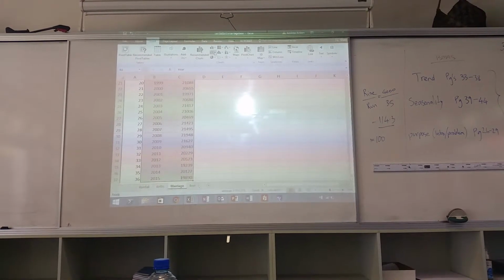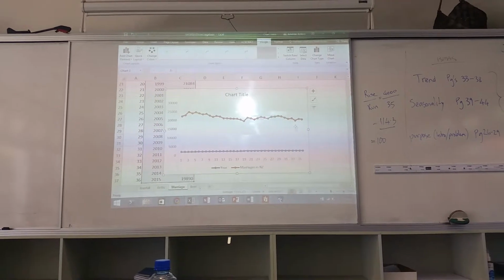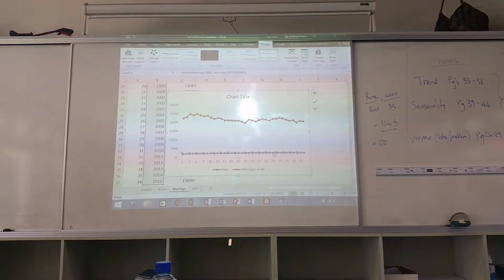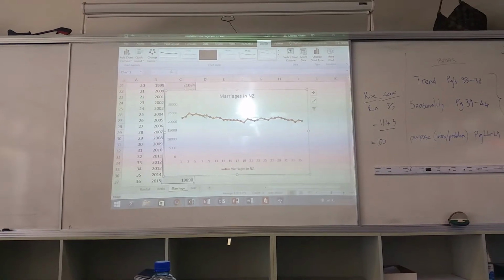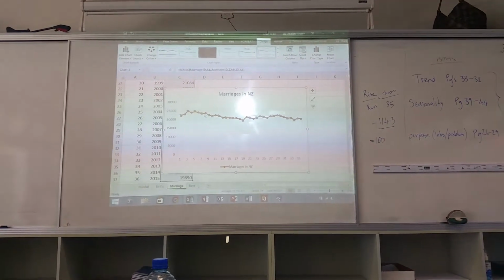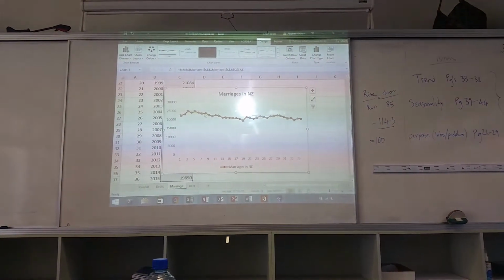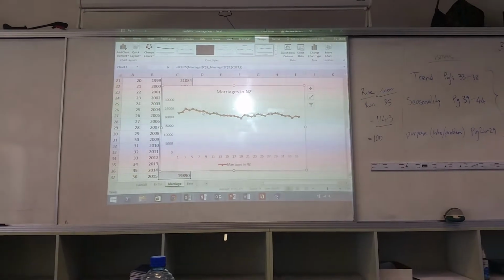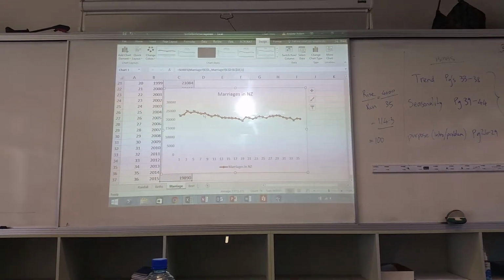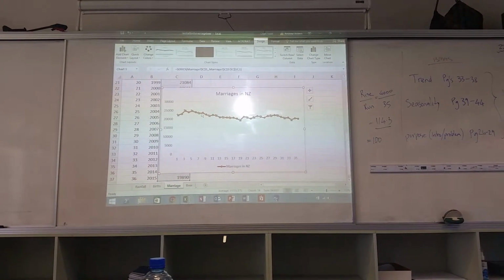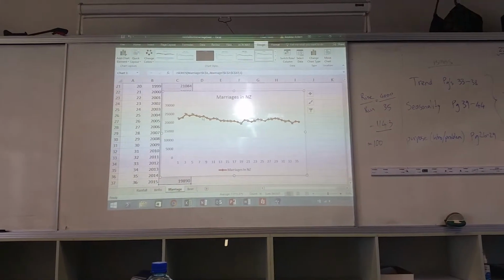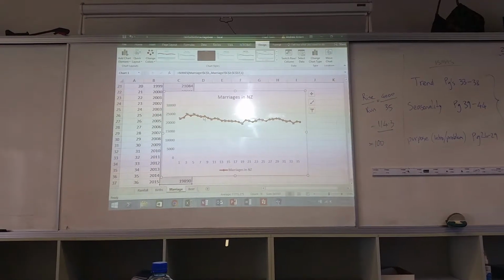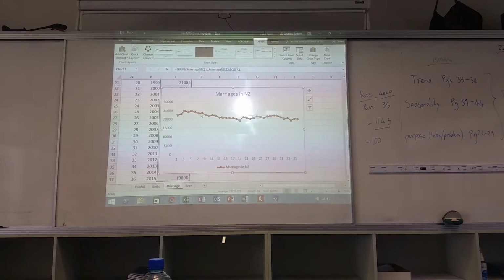Insert, graph, this one. Don't want that one. And this is actually a good example because there's no seasonality, so I don't need to worry about smoothing the data. But if there were seasonality, I would smooth first on Excel and add the trend line to your CMM.